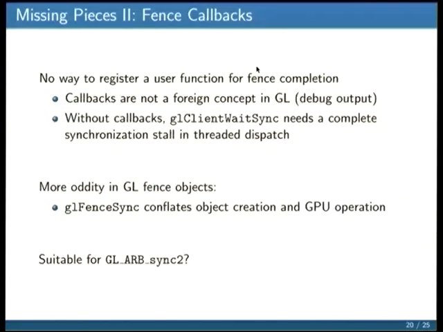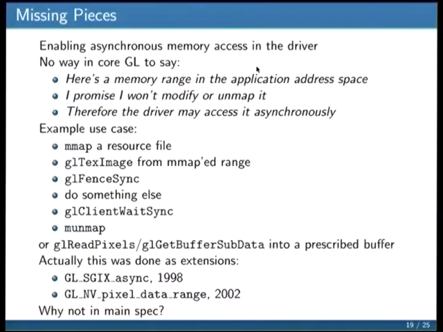The second potentially missing piece is callbacks on fence objects. Back on the previous slide, there are two other extensions for doing that, and Mesa actually used to have one of them. There's the Apple client storage, which is the one that Mesa used to do. That's exactly your middle use case.